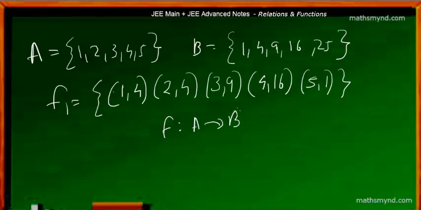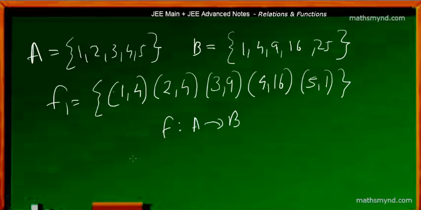But if you look at the elements which are participating from set B, you can see that 4 is there, 9 is there, 16 is there, 1 is there. So 25 is not participating from set B, and as far as the rule goes, one element missing from set B is of no problem. So this is a proper function. Now the point here is that out of all the elements of set B, one is missing, but all the elements of set A are participating, and naturally all the elements of set A should be participating. So what does it mean?